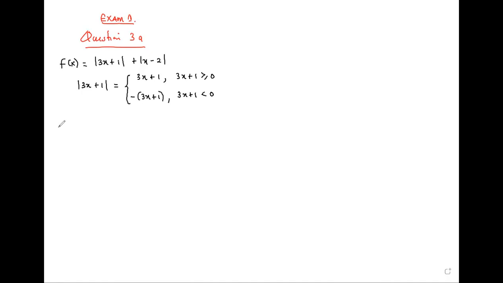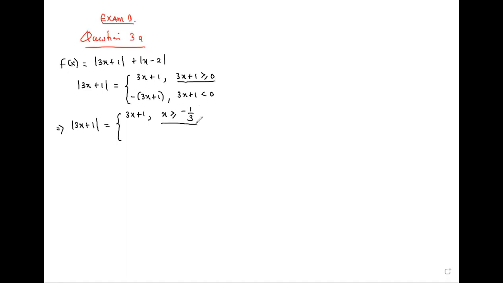Now, this is the same as saying the modulus of 3x plus 1 is equal to 3x plus 1 when x is greater or equal to negative 1 over 3, because when we solve that inequality, we get this.